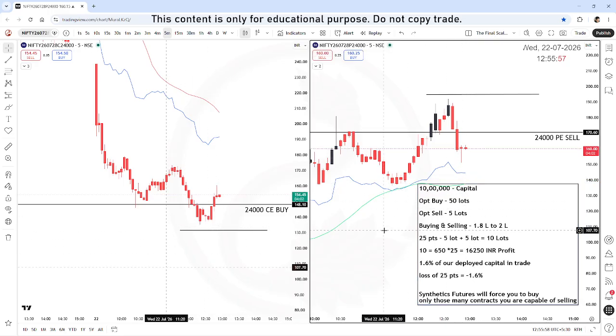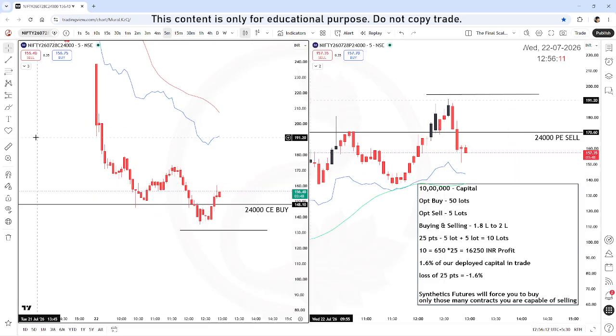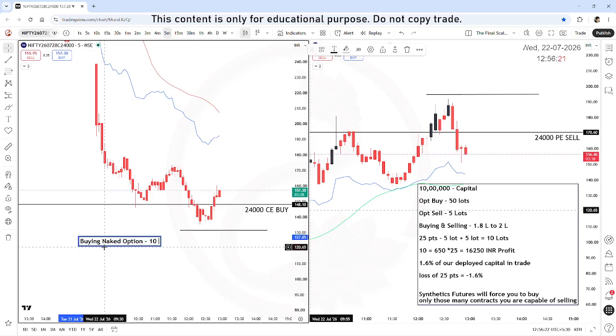I'm not going to create an unnecessarily massive position just because I have 10 lakh rupees in my Demat account or in my broker account. I'm not going to buy 50 lots, right? So what would have happened if I had only bought naked options here, let's say in 10 lakh capital?